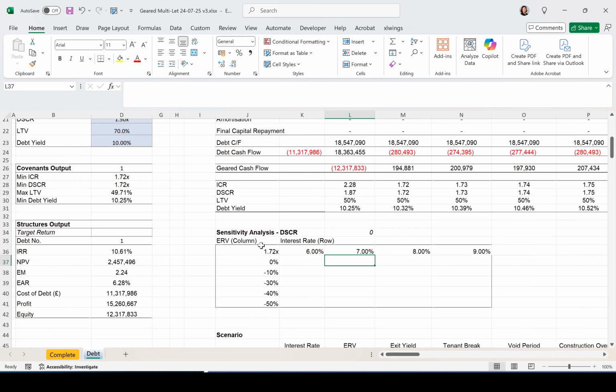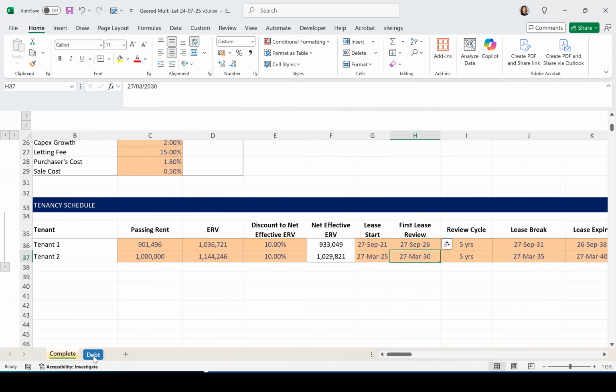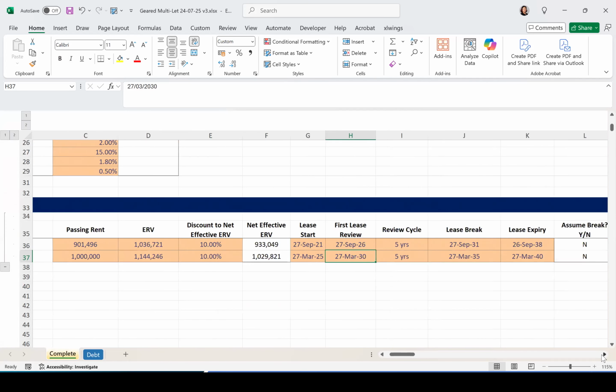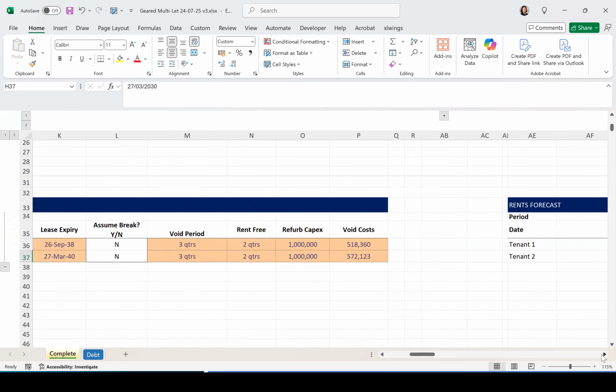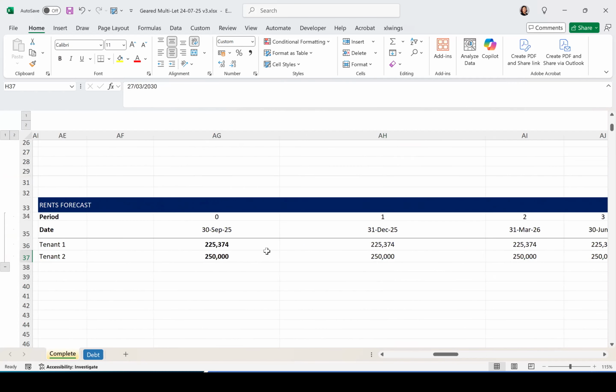One thing about this ERV is that you need to connect those 0, 10, 30, and 40 with your inputs table. So what I have here is the sensitivity dummy variable. It's 0 here, and I put it there. Then I need to ask, how do I change my ERV? My ERV here is on the forecast of my rent.